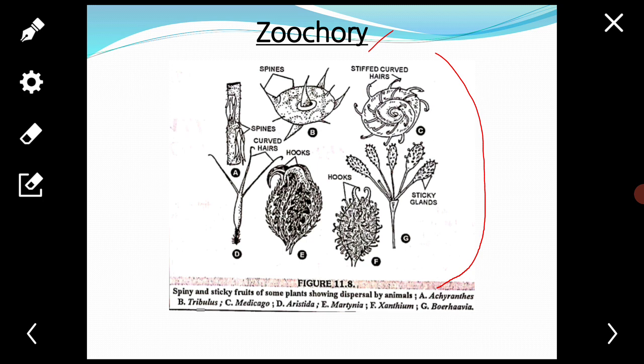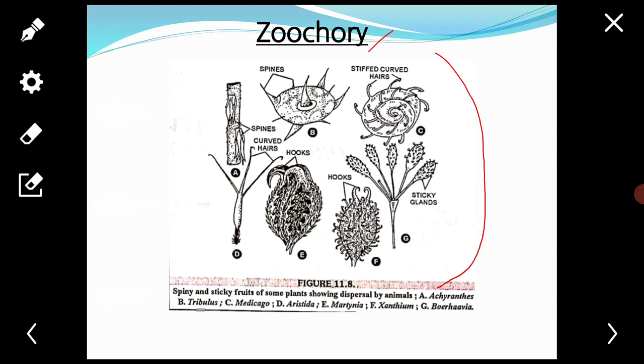Some plants produce fleshy and edible fruits. These edible fruits are eaten by animals like birds, squirrels, monkeys, cattle, etc., and human beings also.